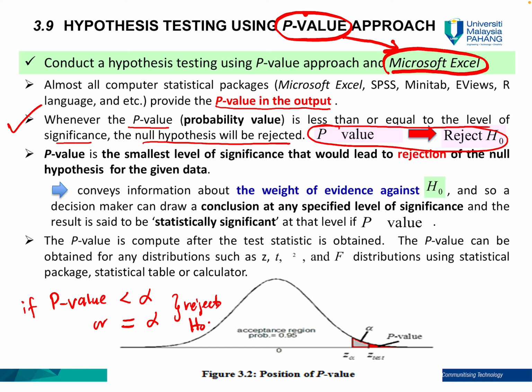If your p-value is less than alpha, reject H null. Or if p-value equals to alpha, reject H null. Okay, what is the p-value? P-value is the smallest level of significance that would lead to rejection of the null hypothesis. Okay, so please remember this condition. There are two. If your p-value is less than alpha, you have to reject H null, or if p-value equals to alpha, you have to reject H null.